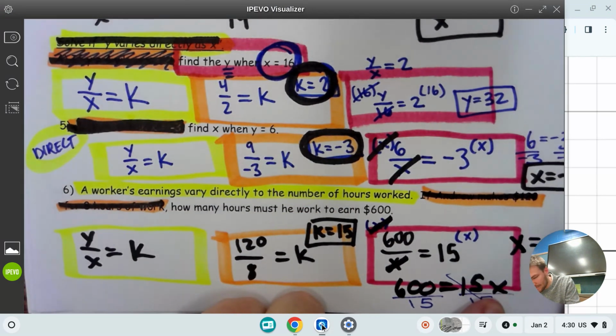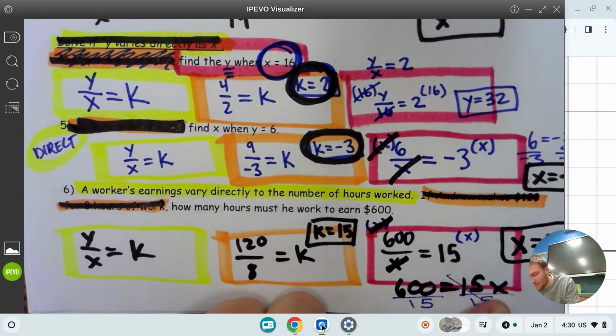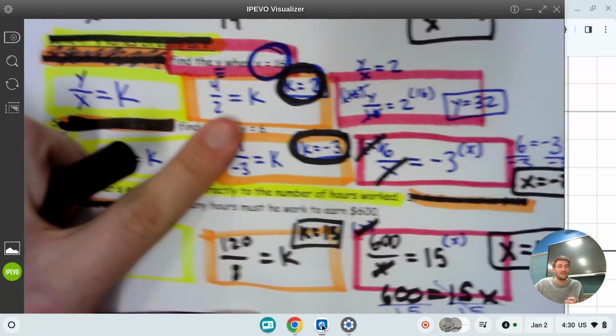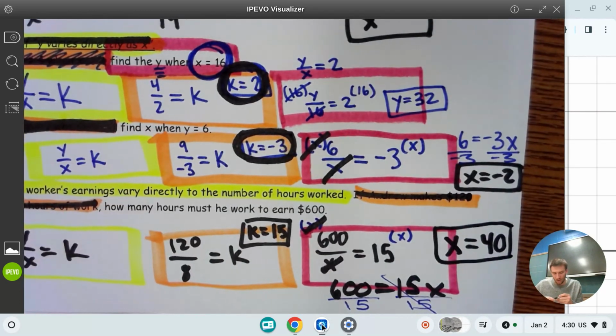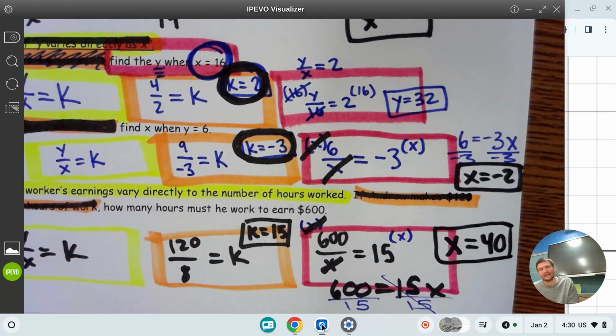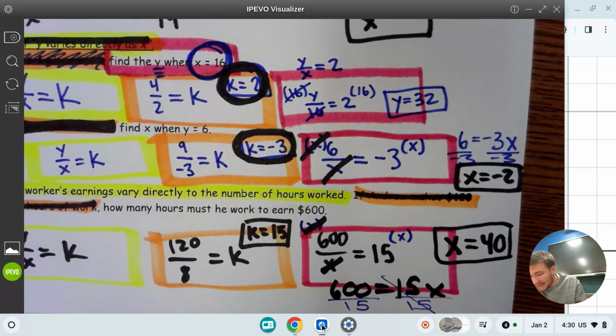That tells you not only that X equals 40, but in real life, that tells you that Andrew has to work 40 hours to make $600. That tells you that if you make $15 an hour and you have a normal work week where you work 40 hours a week, that you're going to make $600.